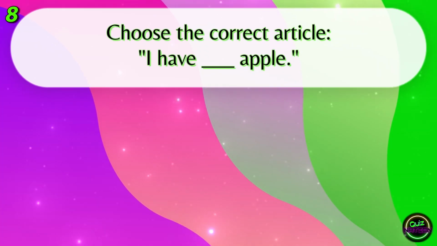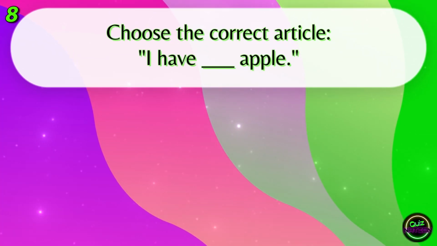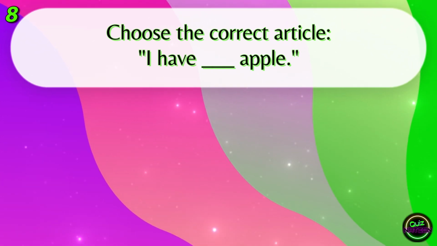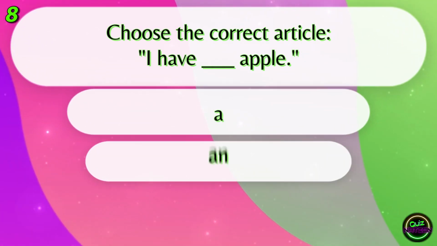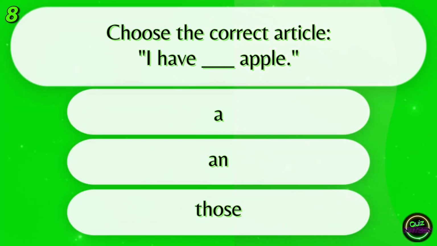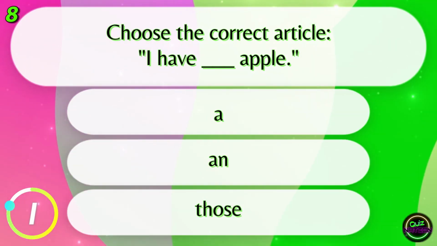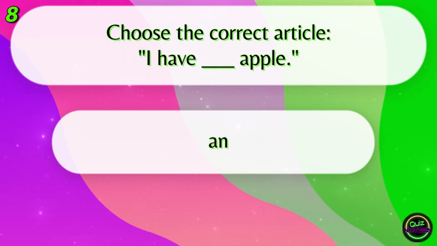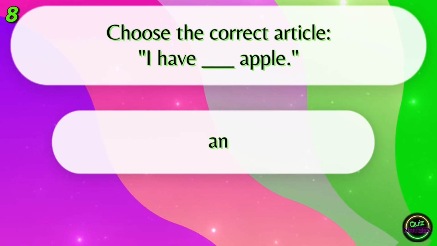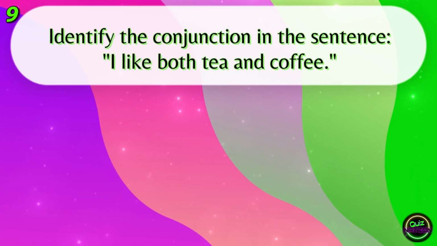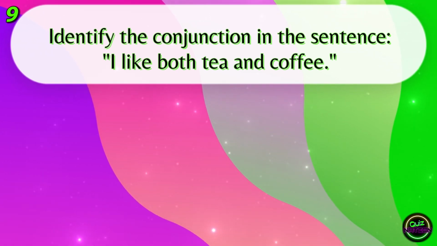Choose the correct article. I have blank apple. A, an, those. An, I have an apple. Identify the conjunction in the sentence. I like both tea and coffee.